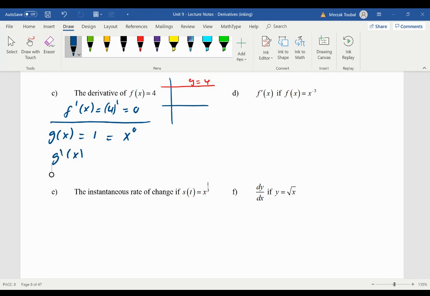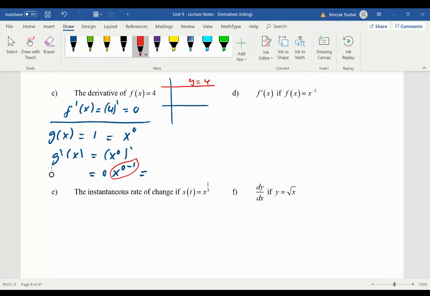Now, applying the formula, g prime of x, which is the derivative of x to the power of 0. Now, the formula says move that exponent, which is 0 in this case, times x to the 0 minus 1. That's the formula. It doesn't matter what this is.